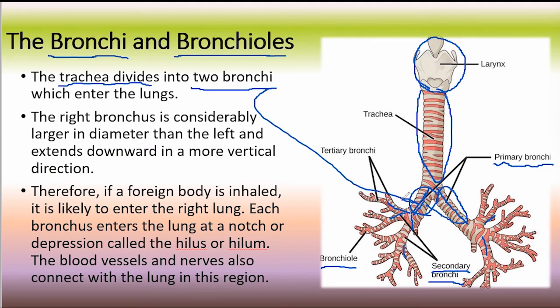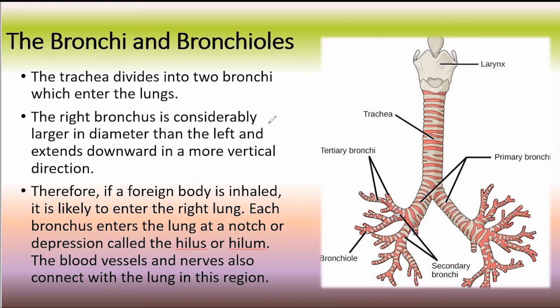These two bronchi shape a little bit differently. The right bronchus is a little bit bigger or wider. You can see the picture here. The diameter is a little bit bigger compared with the left one.